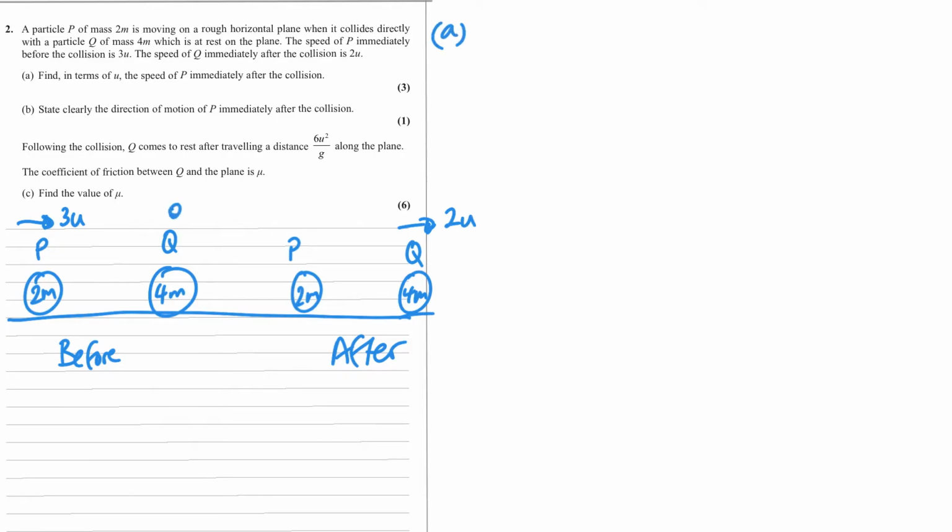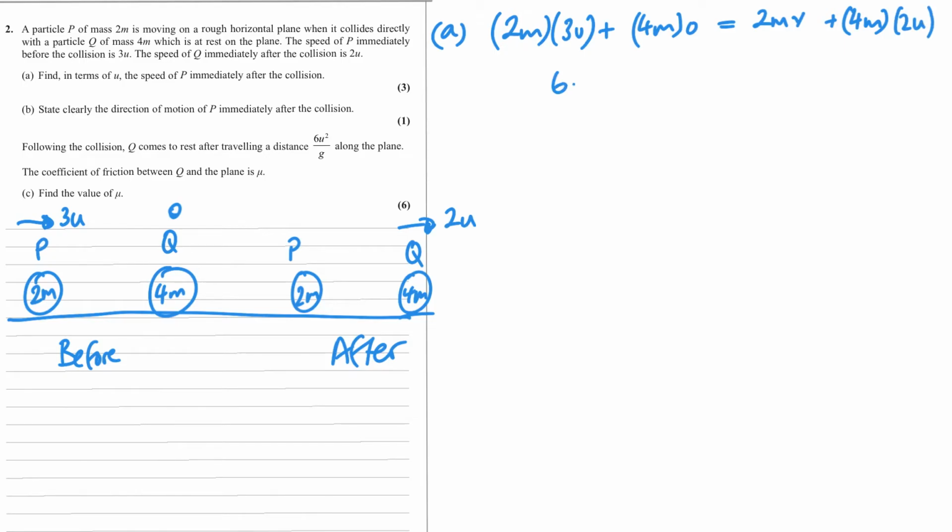Now, momentum before is going to equal momentum afterwards. So we get 2m times 3u plus 4m times 0, and that equals 2m times v, which we want to find, plus 4m times 2u. So let's sort this out.